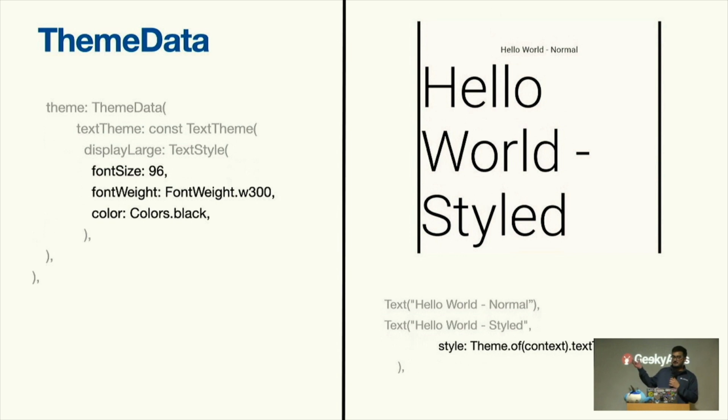The hello world normal would be the normal text without the theme, and the one here would be the text with the display large theme applied to it, which is font size 96, a bit bolder, and also with the color black.